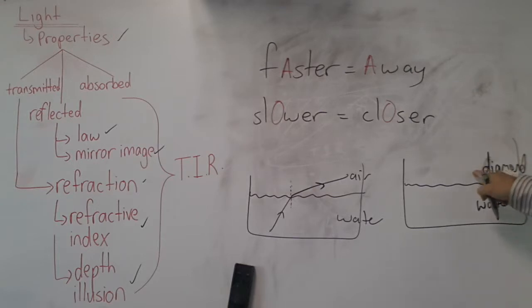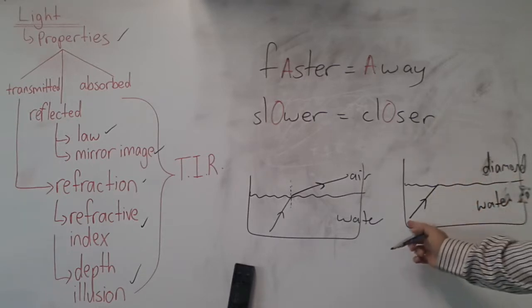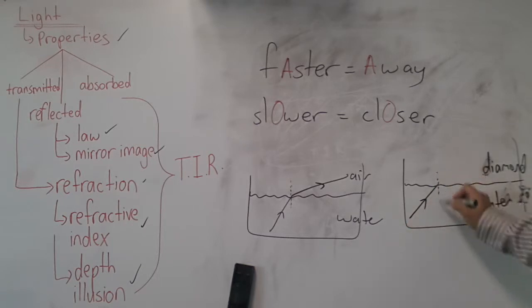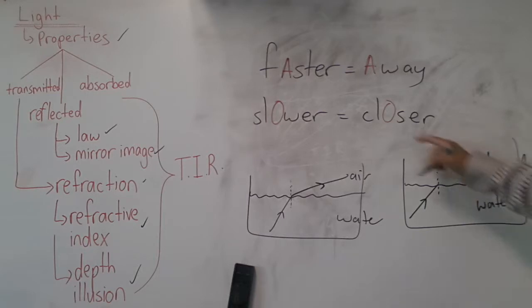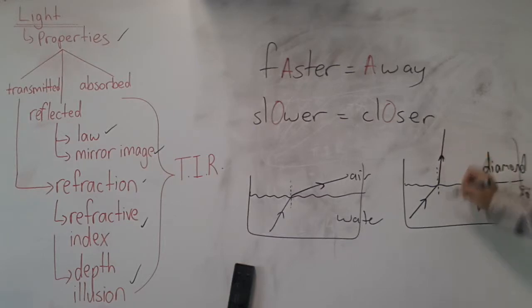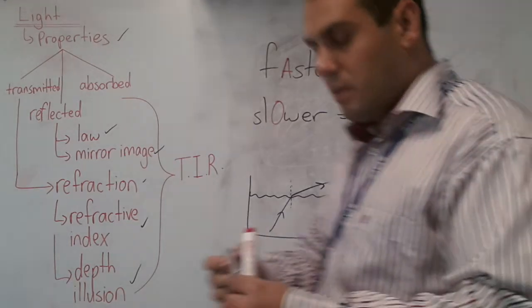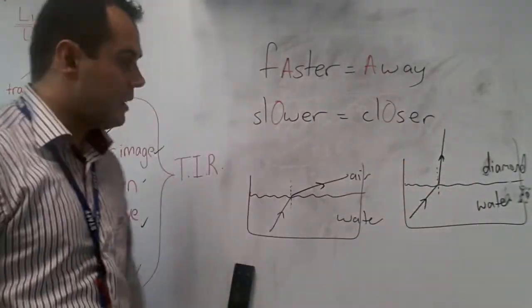So we know that the refractive index of diamond is higher than the refractive index of water. So if we've got a light source traveling at that angle, away from the water into diamond, is the light going to speed up or slow down in diamond? It's going to slow down because the refractive index is greater. So because it's slower, it's going to bend closer to the normal. And that's the normal. So that's the trick to remember how the light rays actually change direction when leaving one substance and moving into another.